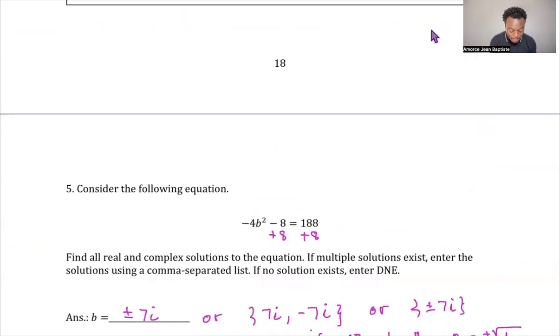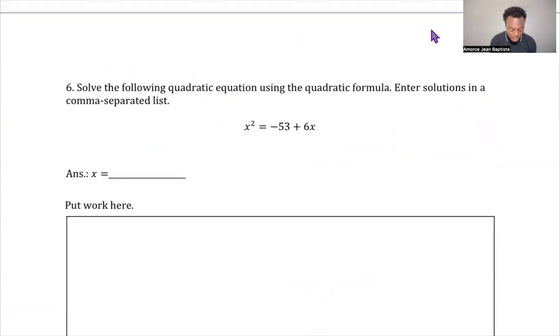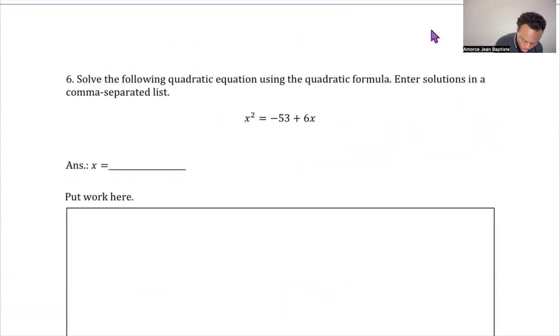The next few examples, though, will be about solving using the quadratic formula. Now, talking about the quadratic formula, we first need to write the equation in standard form. This requires me to move the terms.